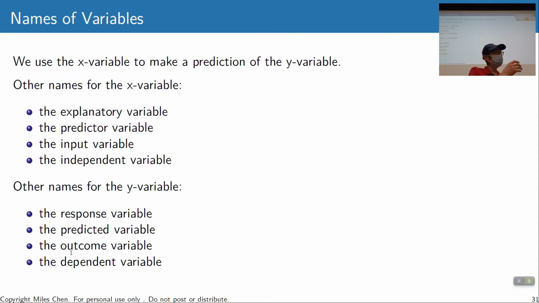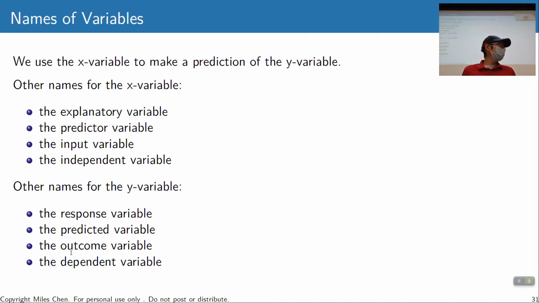Now, sometimes we're tempted to say x causes y, but that's not what's going on. All we're doing is setting up a situation where we put in the x and get out the y. So we could ask, is there a relationship between height and weight?